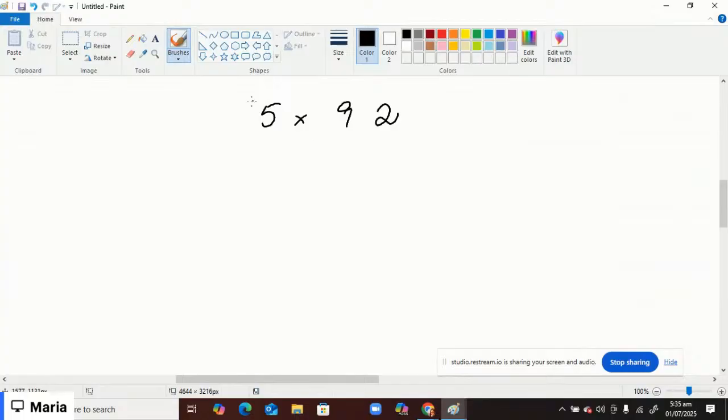It can be rounded down because it's 92. 2 is less than 5, so that can be rounded to 90. Okay.